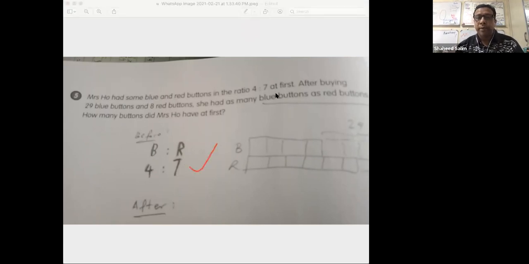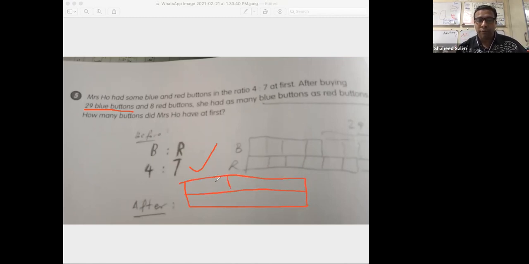This one is correct. After buying some, now she buys 29 blue buttons. You see, blue down here is lesser. So down here, your model is not bad lah. Okay, we draw something like that. This is at the end. At the end, they have the same. Correct? So now, down here, blue, now you have 4.